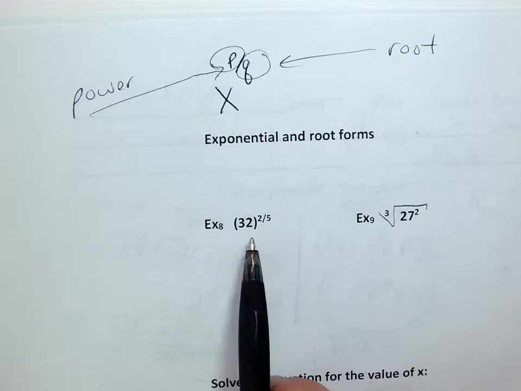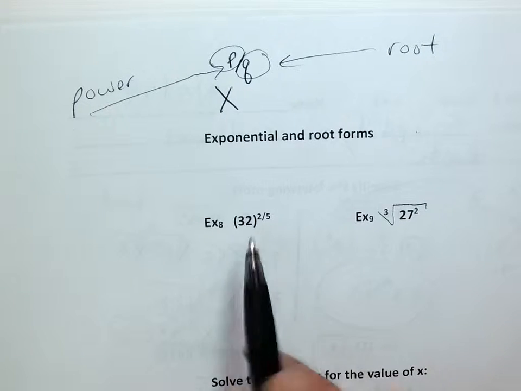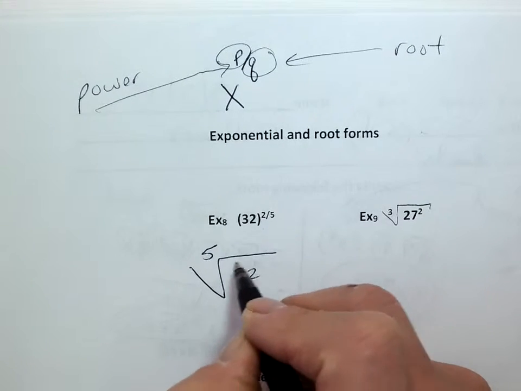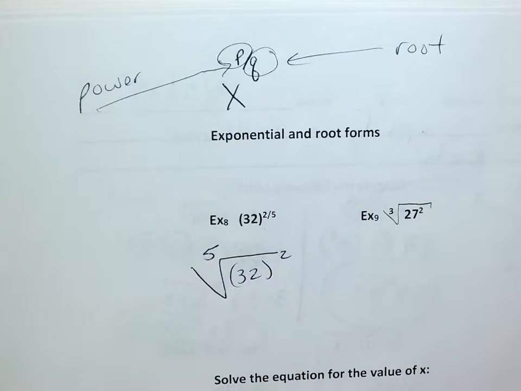So if I take a look at example 8, I'm going to rewrite this as the 5th root of 32 to the second power.